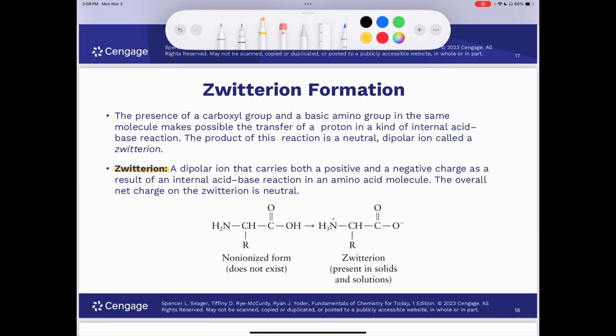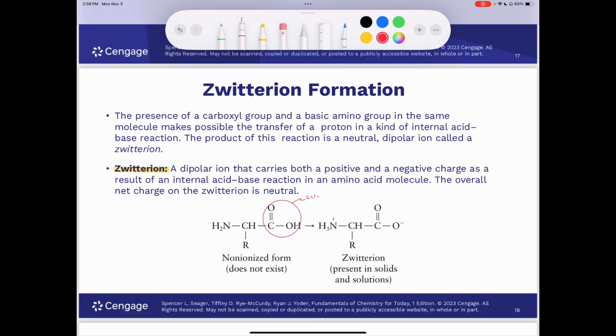As a result of an internal acid-base reaction in an amino acid molecule, the overall net charge of the zwitterion is neutral. So if we take a look at the non-ionized form of an amino acid, which it says here doesn't exist, at least it wouldn't exist at physiological pH. Well, this part here, our carboxyl group, is the acidic portion.